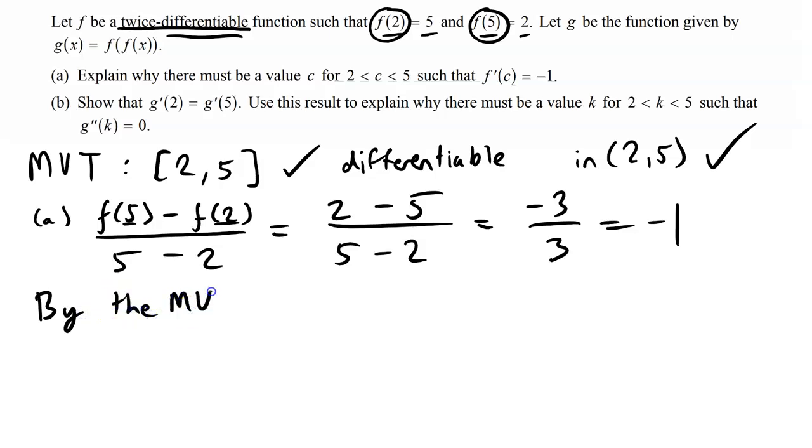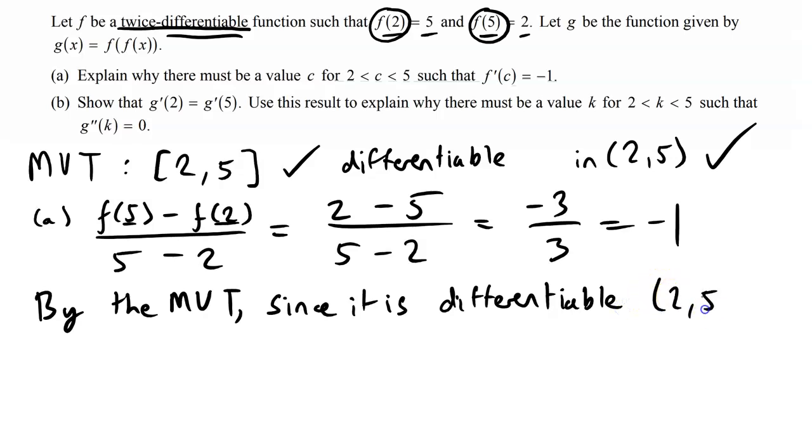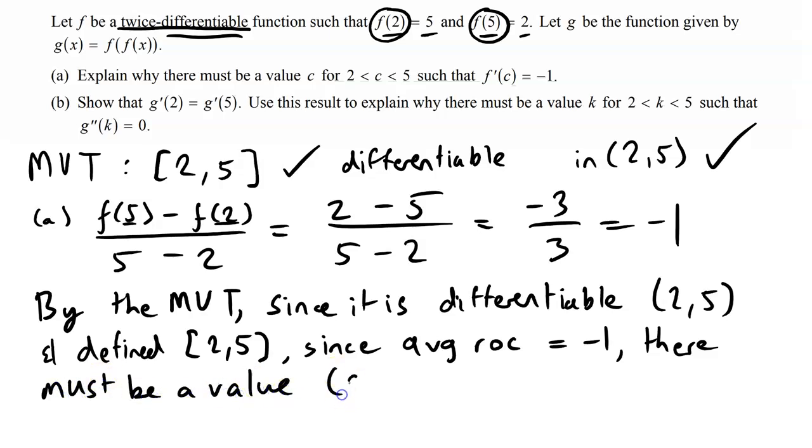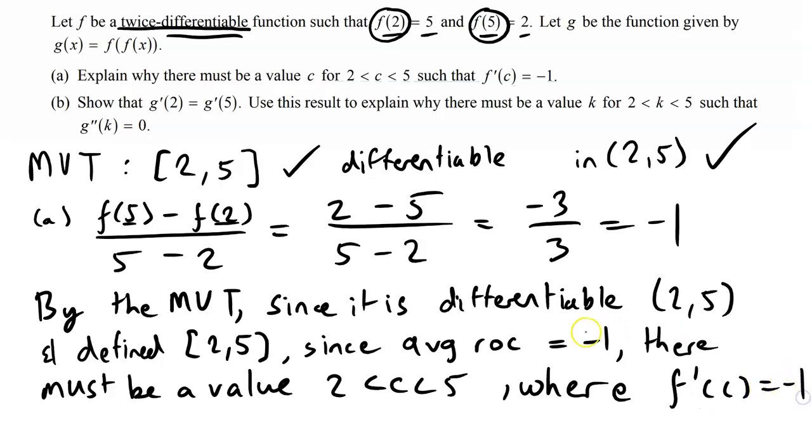By the mean value theorem, since it is differentiable and defined here, and since the average rate of change equals -1, there must be a value in between, a value c, where the instantaneous rate of change at c is equal to the average rate of change.